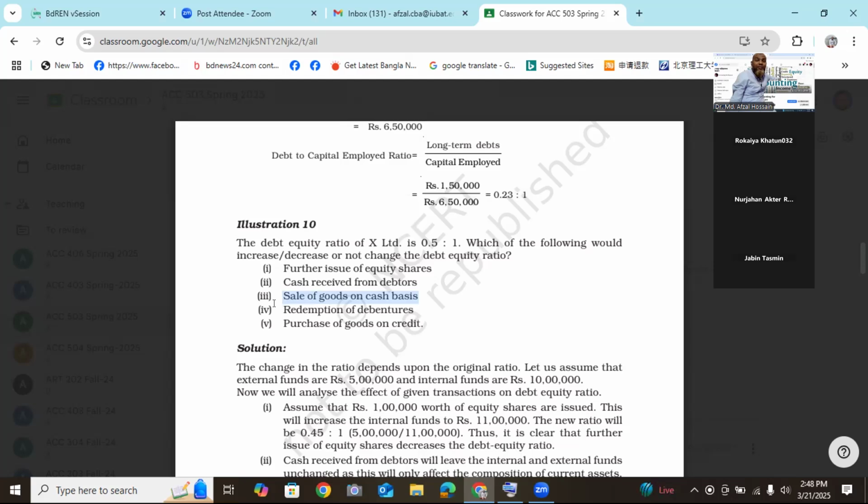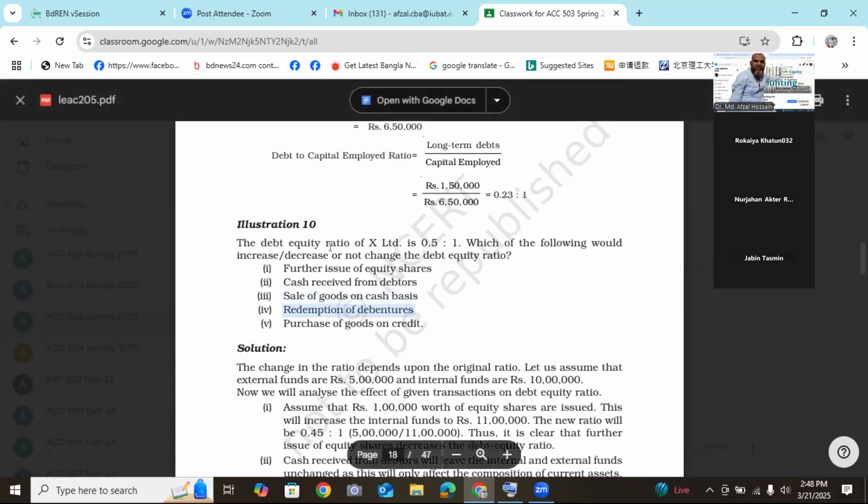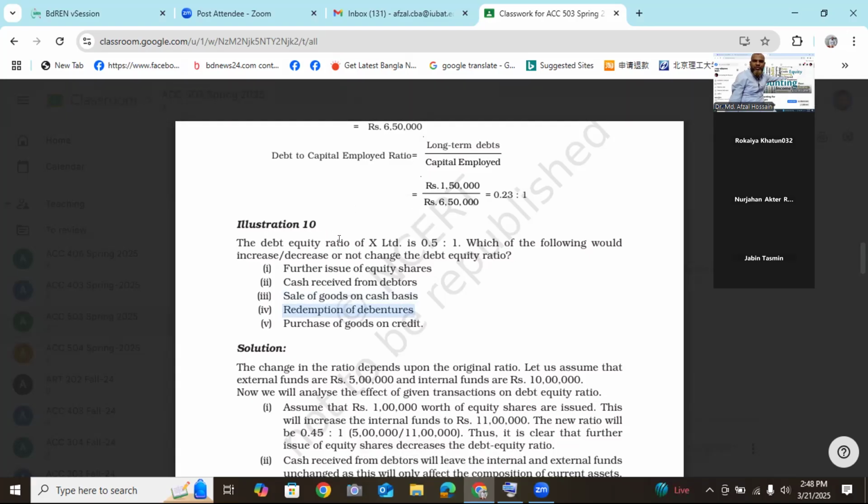Number 4, redemption of debenture. It obviously affects the debt to equity ratio. Even with redemption of debentures, will it increase or decrease? Decrease. Okay, very good.